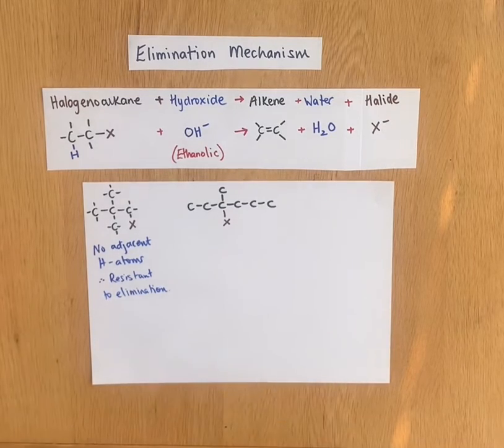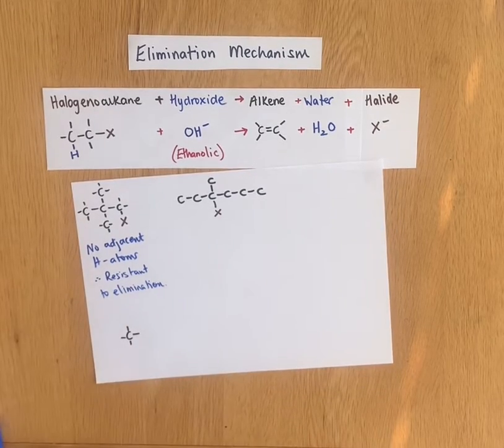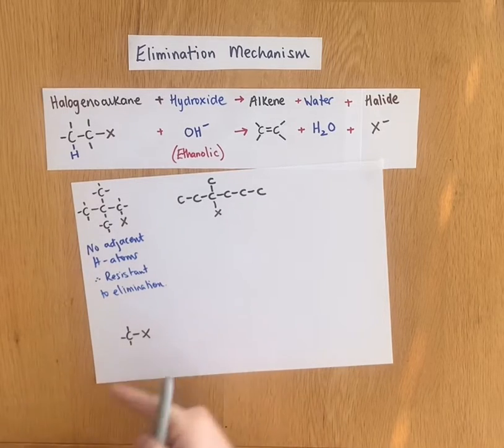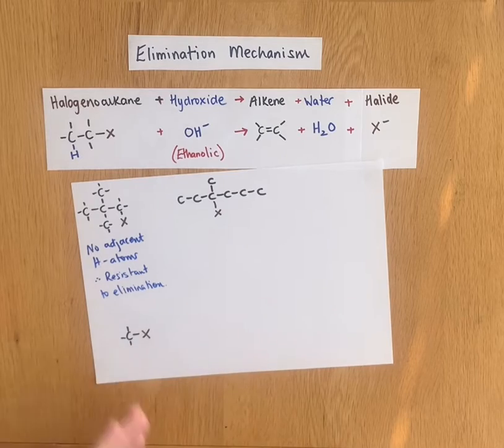Just like a substance that is one carbon, like halomethane, for example, a halomethane cannot be eliminated because, again, there are no adjacent hydrogen atoms.